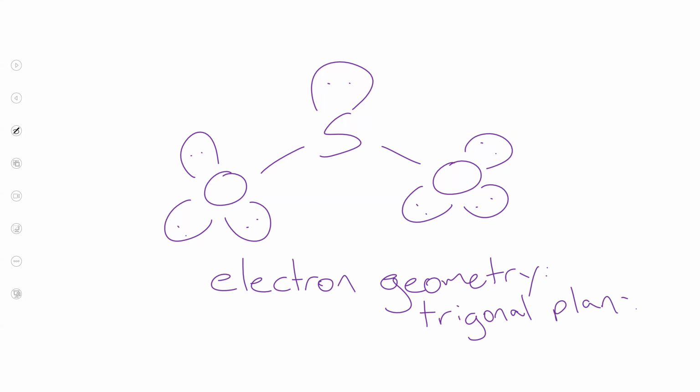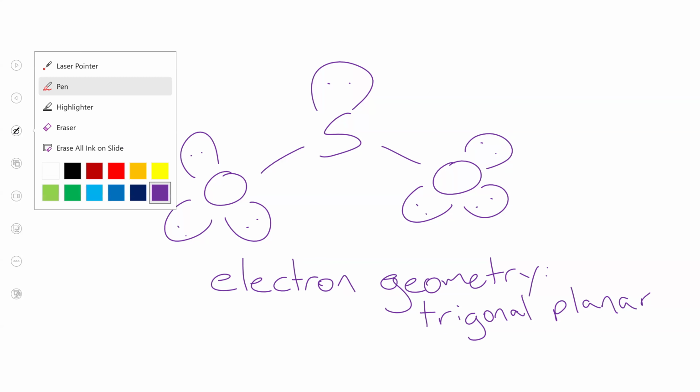Because the electron geometry is just, what is the shape if we could see where the lone pairs are? And so your electron geometry is always going to be something out of that first column on that table we just had up. The molecular geometry says, okay, but now you remember you can't see the electrons.